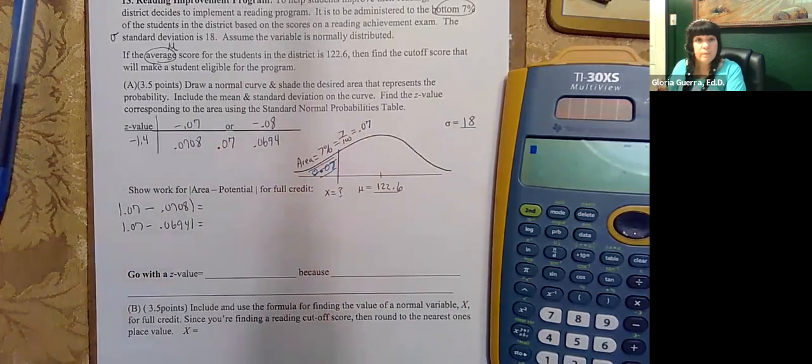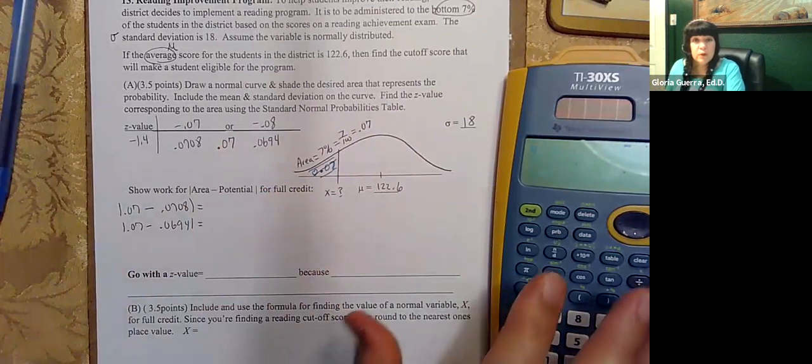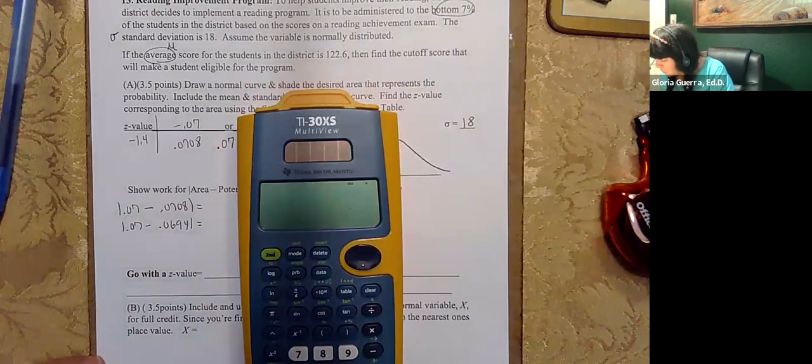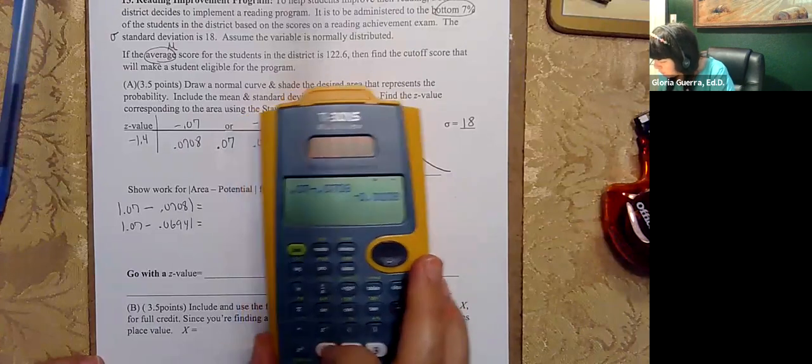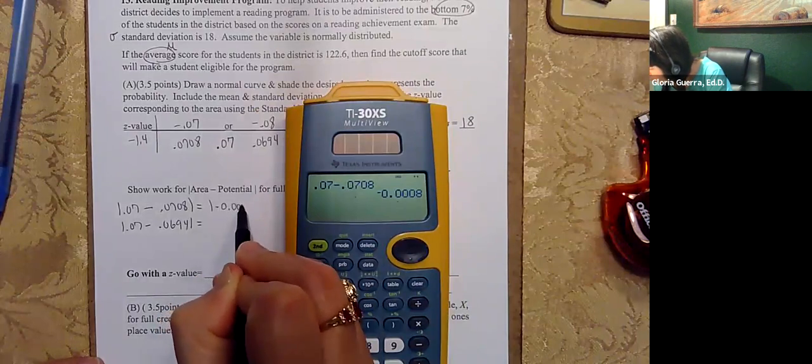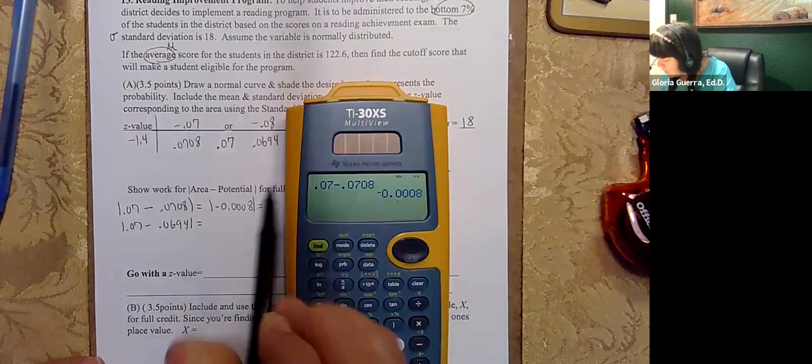On the basic calculator, 0.07 minus 0.0708 is a negative, but when you take the absolute value of that, it's positive.